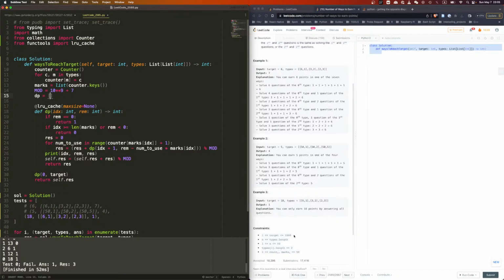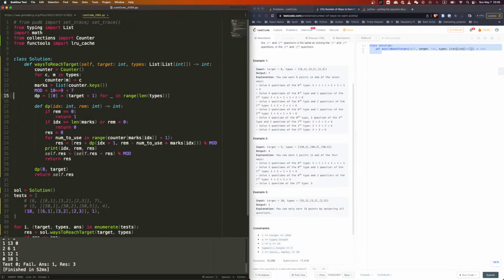Okay, so 0 times target plus 1, and this for this in range len types. Okay, so don't do this. Probably -1.